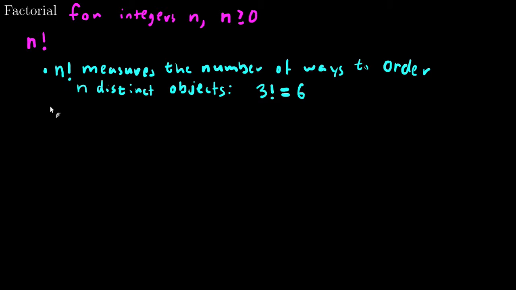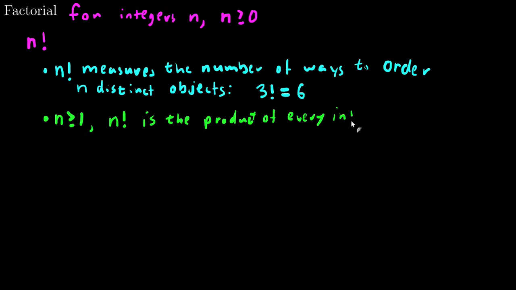Another way to look at it is this. For any n greater than or equal to 1, n factorial is the product of every integer from 1 to n.